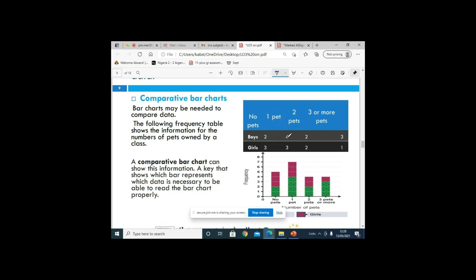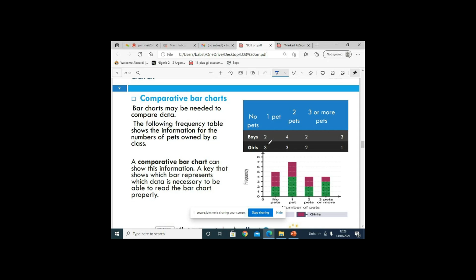For people that have only 1 pet, 4 boys have 1 pet, and 3 girls have 1 pet. For 2 pets, 2 boys have 2 pets, and 2 girls also have 2 pets. People that have 3 or more pets: 3 boys, while only 1 girl has 3 or more pets.